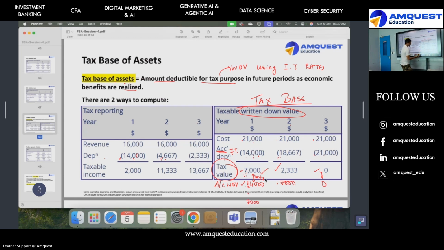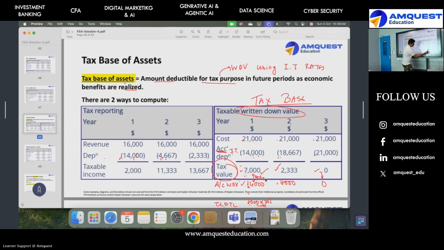So I could also take the tax base and the accounting base difference and get the value 7,000. That into 30% will give me 2,100. This is the closing DTL. So if I tell you to find the closing DTL, you can find the closing tax base, the closing accounting base, and get the closing DTL. But this is only for closing DTL. It's a shortcut way. And the proof, I'll show you: 2,100. Let's come here.